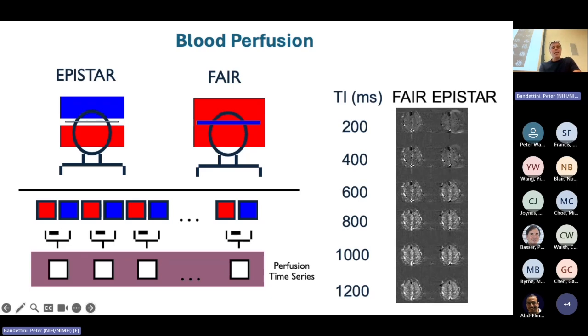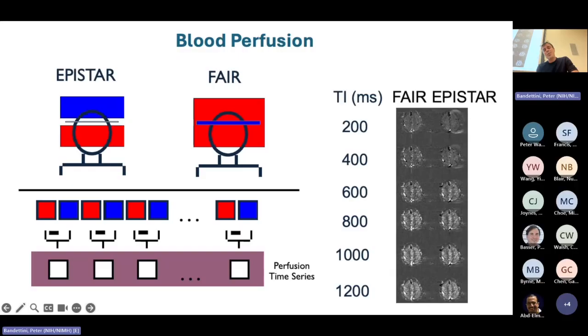And the idea there, and I'm totally switching gears now, was that you tagged the inflowing spins, the inflowing blood, with an RF pulse, kind of like giving an injection, but you gave an RF pulse instead. Then you imaged this plane as it flowed in. And then as a control, you tagged the opposite side and imaged the plane.